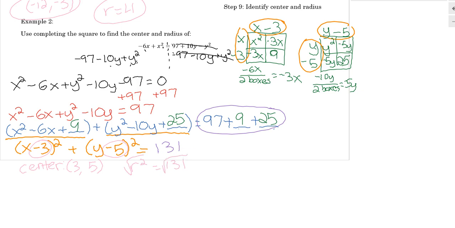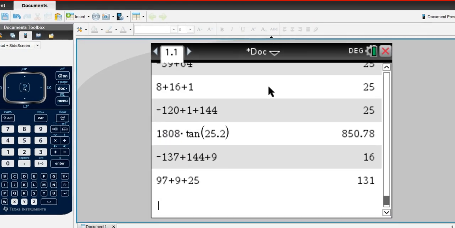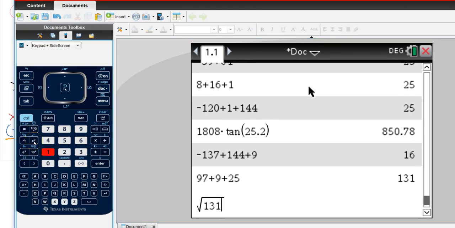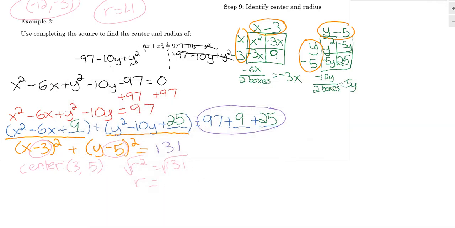When I take the square root, r equals, if you try and take the square root of 131, we get a decimal, okay? So what that means is I'm just going to leave it as the square root of 131. Okay, so r equals square root 131. Center is 3, 5. That is it. Go ahead and work on your final activity.